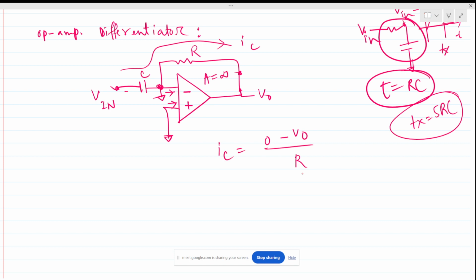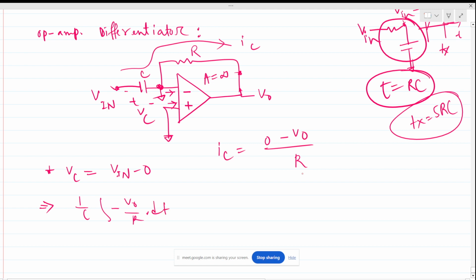And this current is flowing through this capacitor. Then the voltage drop across the capacitor, VC, is nothing but V in minus 0, right? And this will be nothing but 1 over C integration of minus V out by R dt, equal to V in, right?